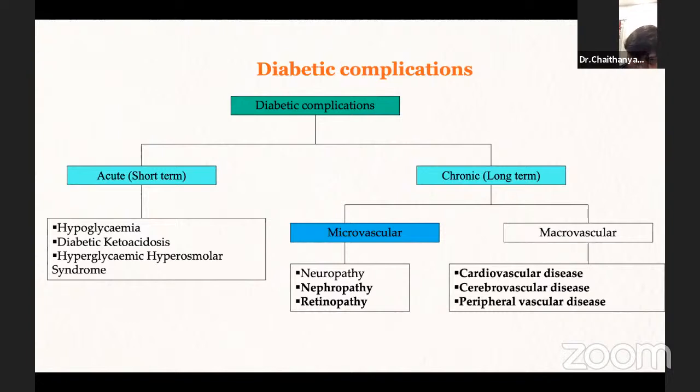When they don't take the drug, initially they might have a low sugar, and the body compensates by producing more and more glucagon, so the sugar levels shoot up to 300. Whenever they're fasting, you should tell them to drink plenty of fluids, and to check the sugar once in 2 hours to prevent conditions like hyperosmolar hyperglycemic state.